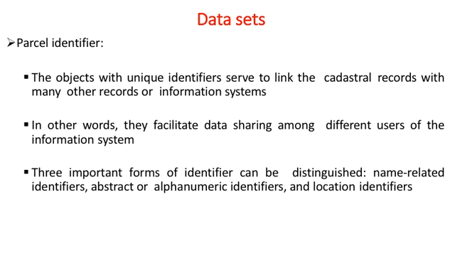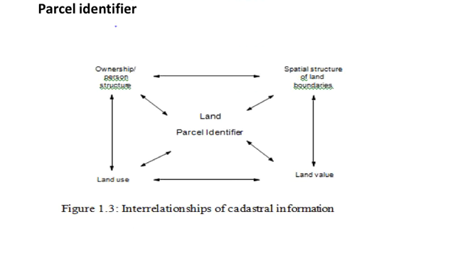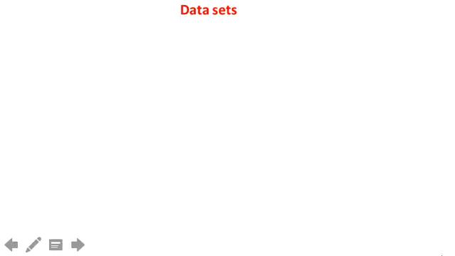The choice may depend on their uses. The land parcel identifier is interrelated with land use, ownership, spatial structure of land boundary, and land value.